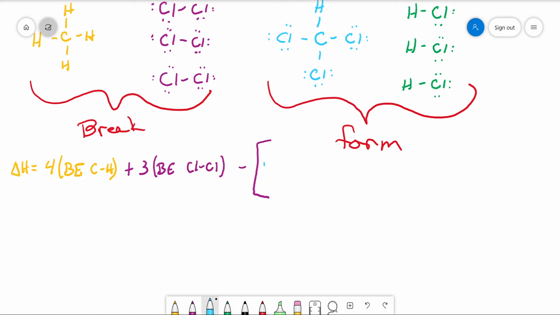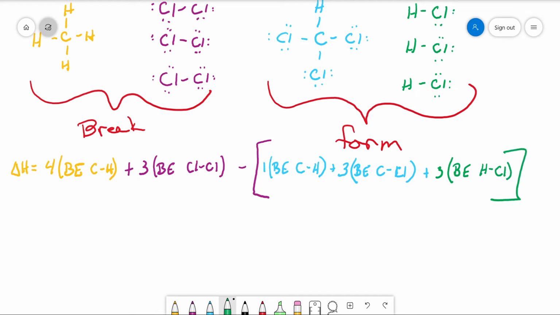Now, on this side we have 1 bond energy for carbon-hydrogen, or hydrogen-carbon again, doesn't matter, plus 3 bond energies for carbon-chlorine, plus 3 bond energies, let's do that in the green, 3 bond energies for a hydrogen-chlorine bond.